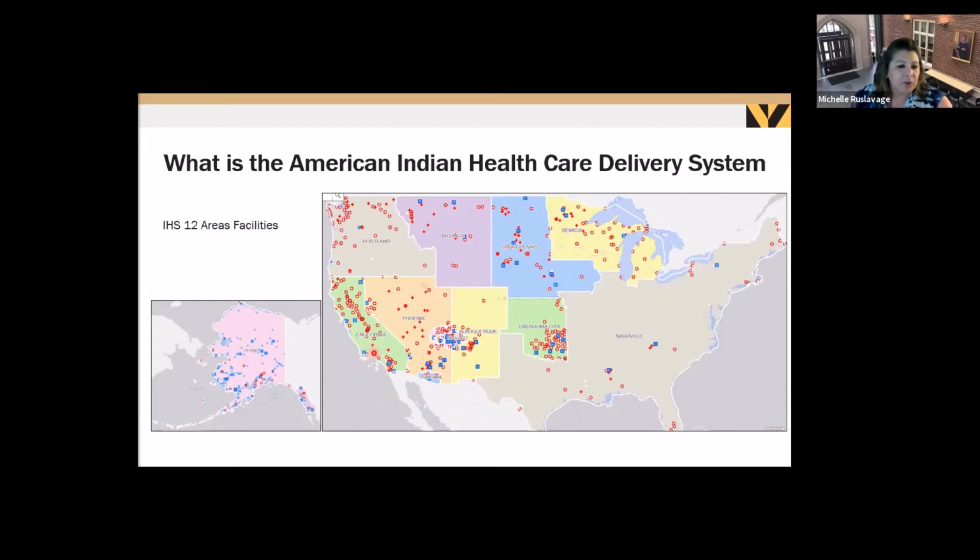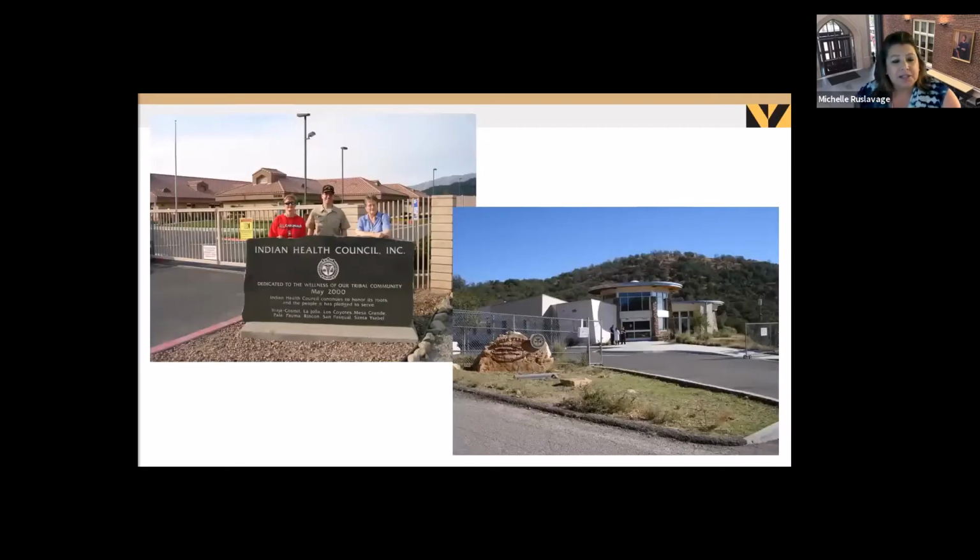All the way over to California and up to Washington State. And then if you look real closely, you can see some dots peppered all throughout the Alaska area. So they've got a lot of health centers and Alaska clinics out there too. This is one of the facilities out in California, the Indian Health Council. And underneath that is one of their clinics out here on the mountainside.